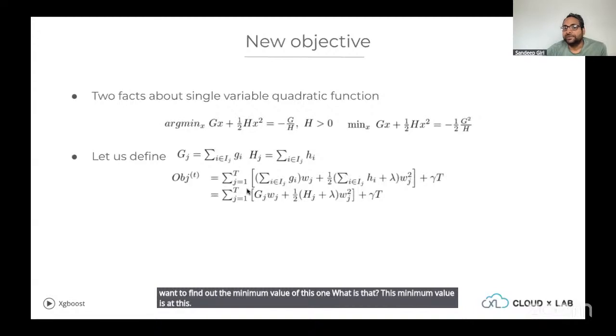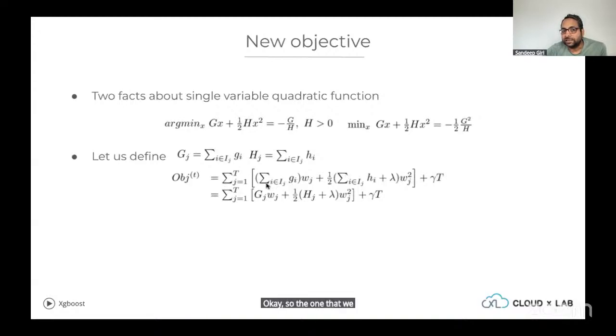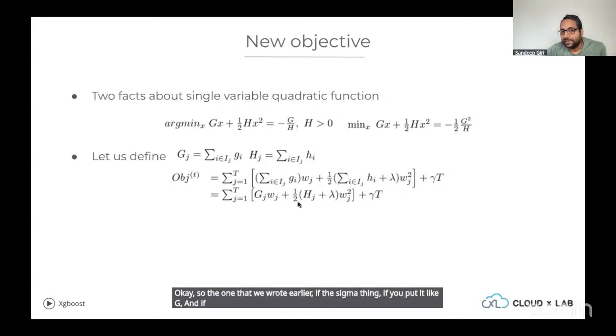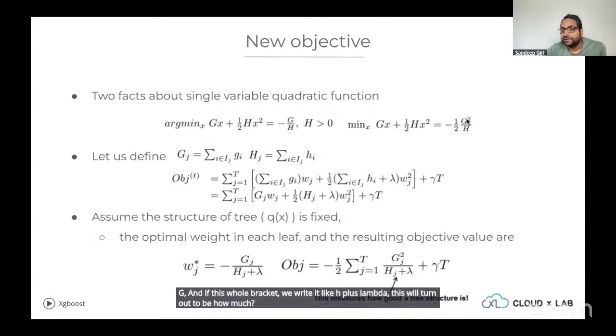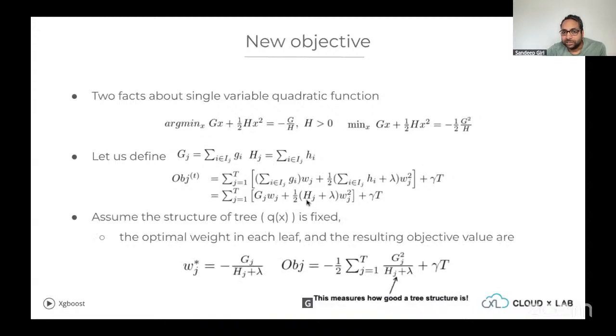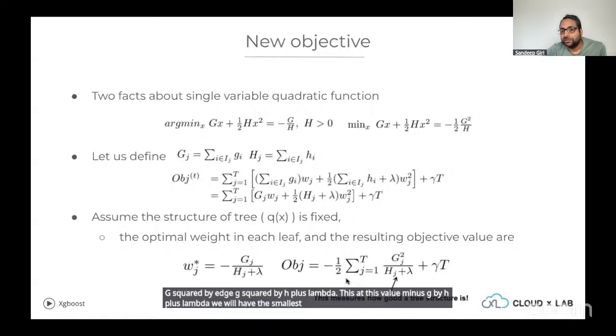So the one that we wrote earlier, if the sigma thing we write as g, and this whole bracket we write as h plus lambda, this will turn out to be g squared by h plus lambda. At this value, minus g by h plus lambda, we will have the smallest value of this. And the smallest value will be g squared by h plus lambda.